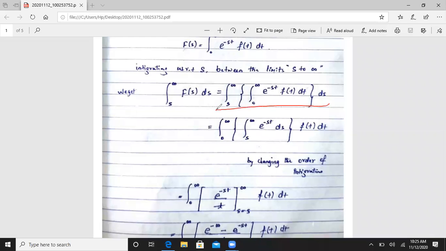Now you know that by changing the order of integration, we change the integration positions.